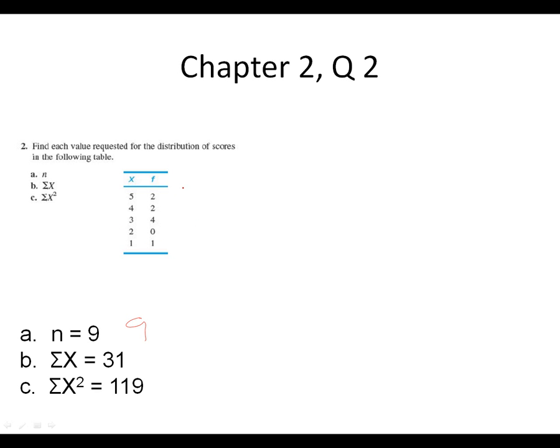So again, let me give you the values. It's 10, 8, 12, 0, and 1. If you add those values up, you find a sum of 31.